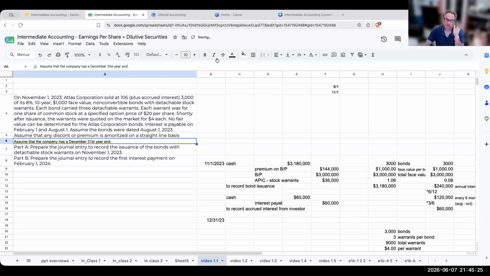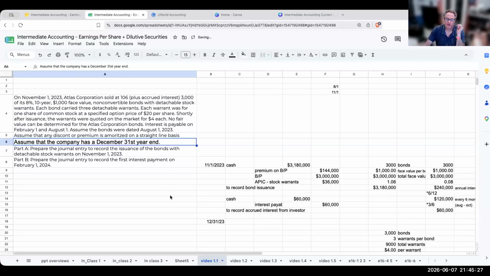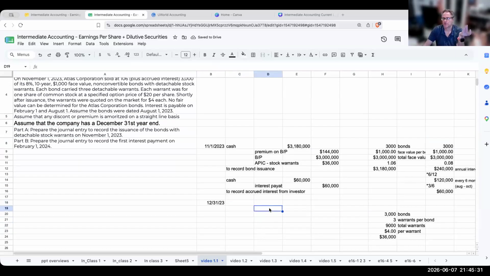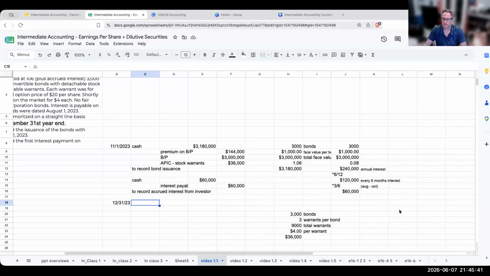Okay. So the amount of interest expense I need to accrue for is going to be for 2 months. So how do I do that? Well, if you remember the other bond videos we were going through, when we have a bond premium or a discount, what we ultimately have to do is make that premium or discount go down to zero.